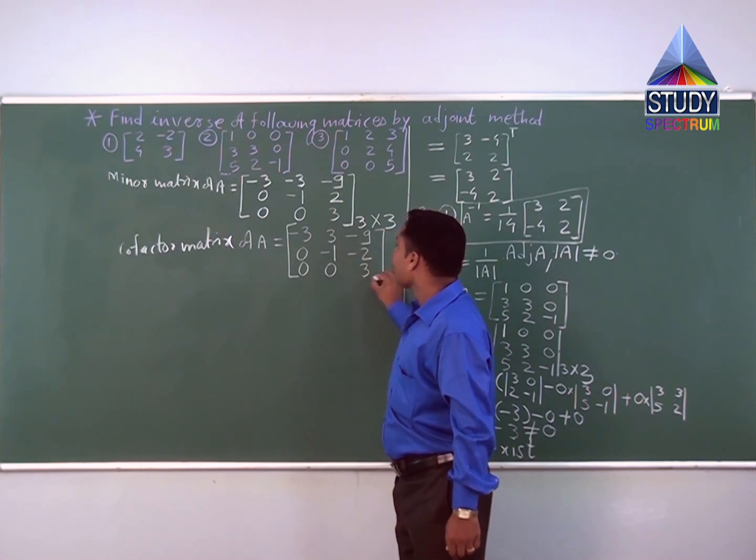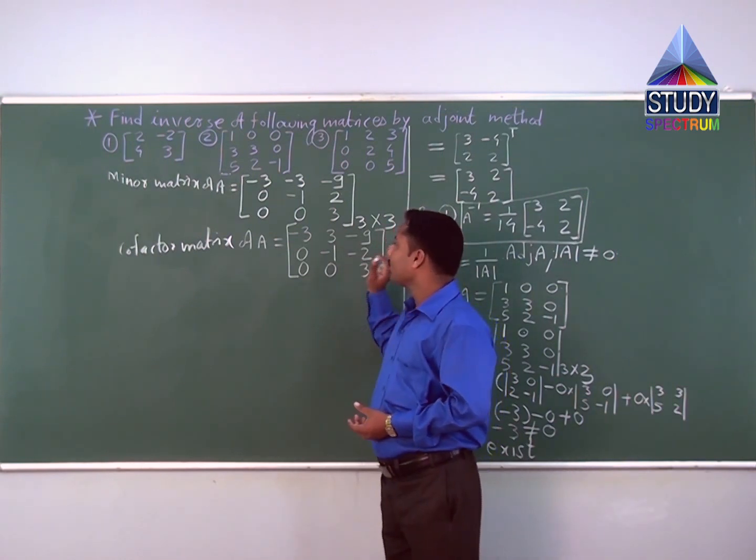So this is a 3. So we have found the cofactor matrix of A.